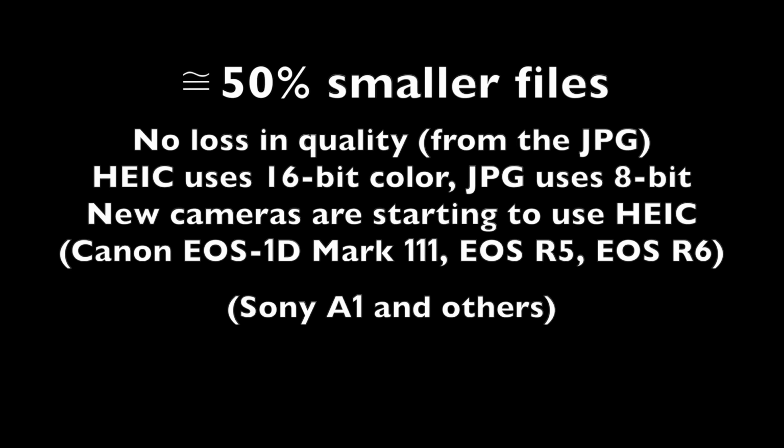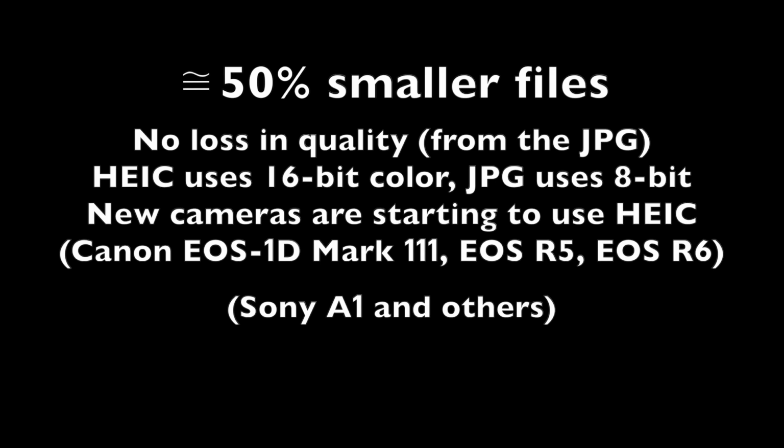So here's the thing. HEIC files are approximately 50% smaller than JPEG files with no loss in quality when you convert. HEIC files use 16-bit color, JPEG only uses 8, which means they have, in addition to their color gamut, much more dynamic range.